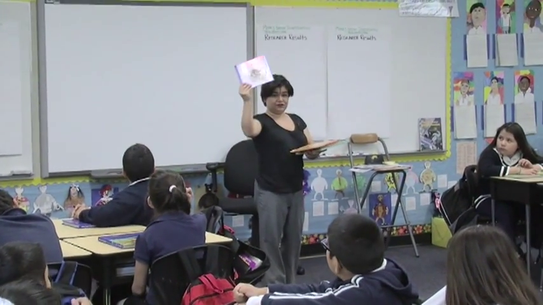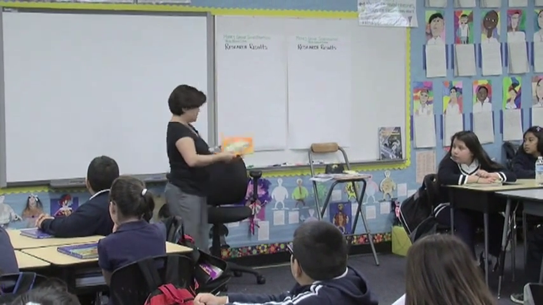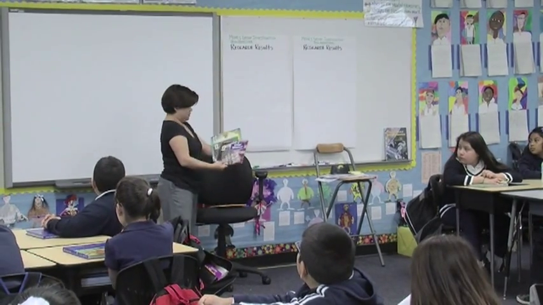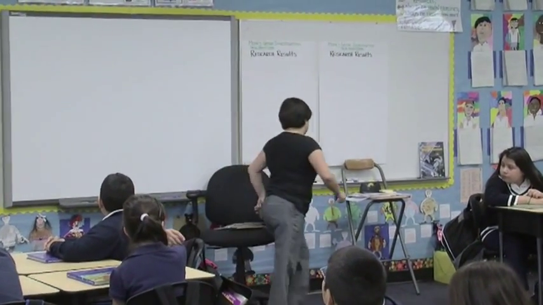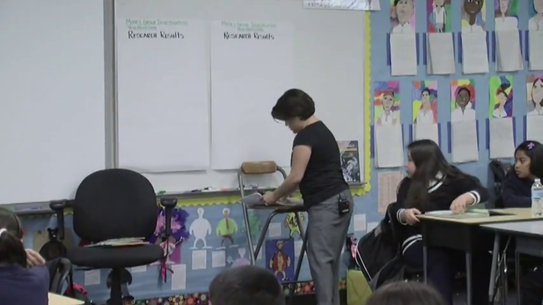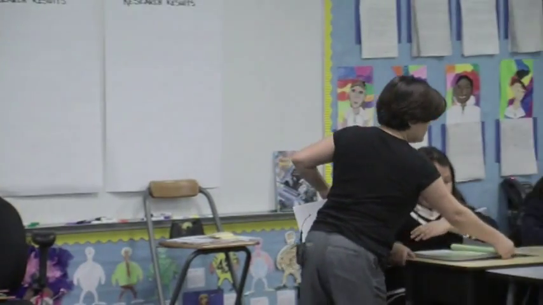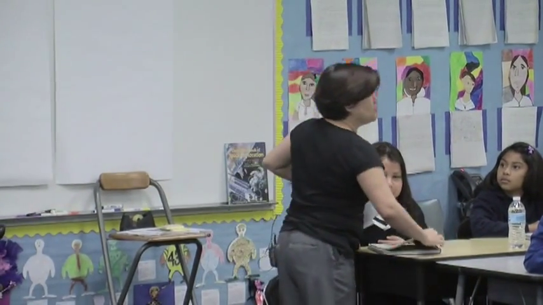You'll be able to use our different books, all of our books, in addition to internet research, as well as your textbook. I expect you to use all of your resources. Any questions?